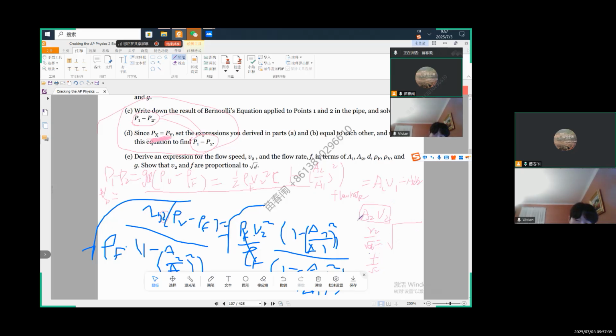Since V2 is already proportional, F is proportional. F over square root D is also that big thing with another A2, nothing else. This one is constant, all the data provided, so both of them are proportional to square root D.